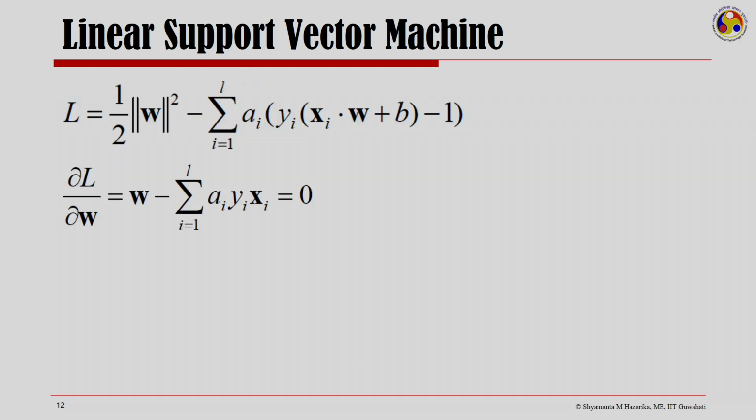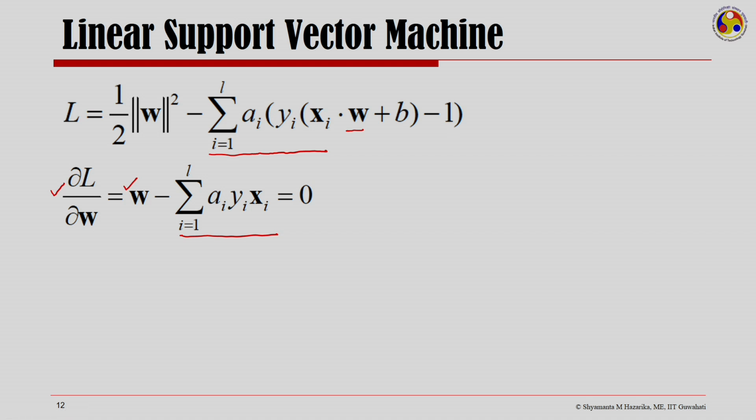If you differentiate the Lagrangian with respect to W, we have W here because of the first term, and W is only here, the rest are constant. So, all we will be left with is the summation of alpha i yi xi. This is that term, and this term will vanish, as will this final term here.